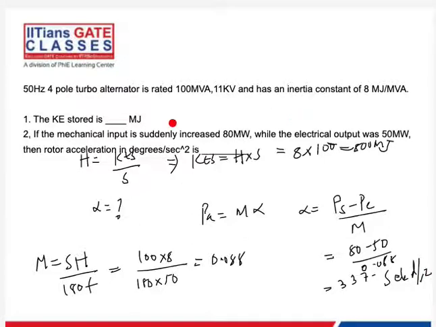Had they asked for radians per second square, you would have used pi f over here. Is that clear?